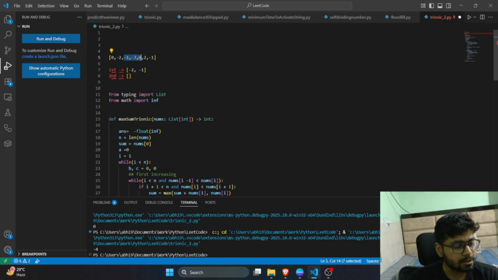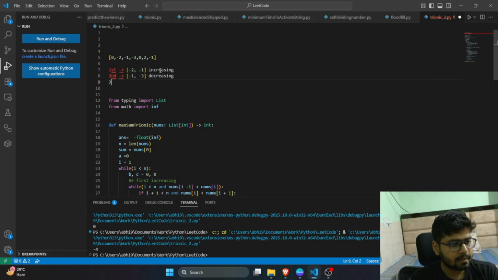Then 0, it's not decreasing, it increases. So this will be our second subarray, that is strictly decreasing. This part is increasing, this part is decreasing. And the third here.